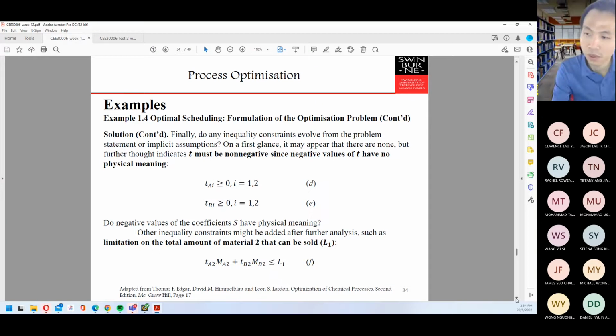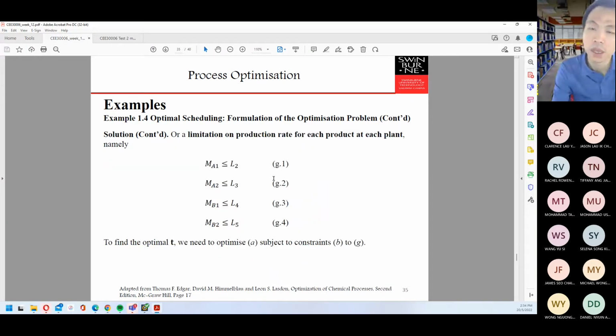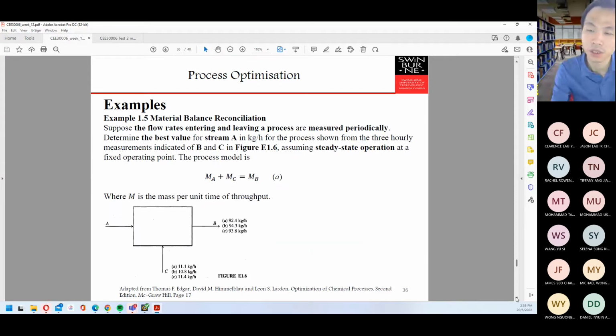The limitation on production rate can also be specified, so we need to put in a value. Therefore, to find the optimal T, we need to optimize A subject to constraints B to G. So this will entail what the optimization problem cost is.